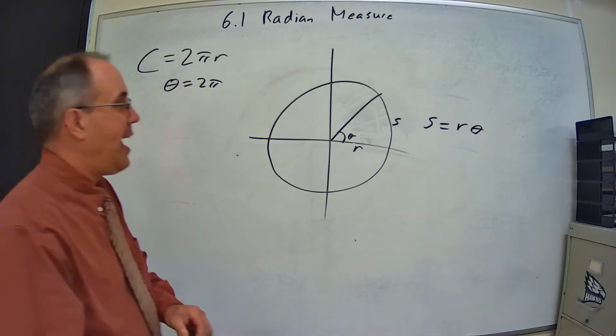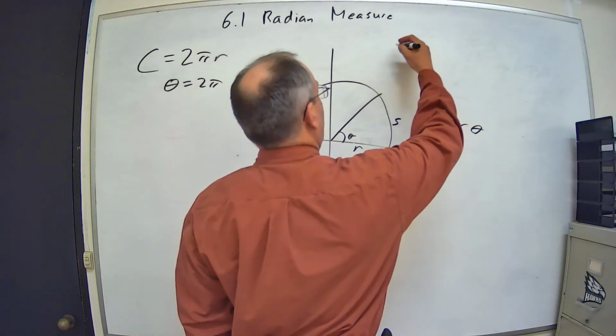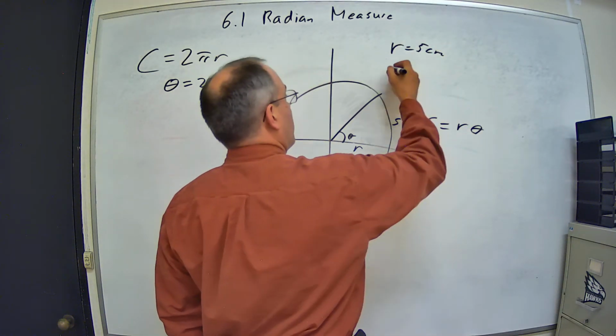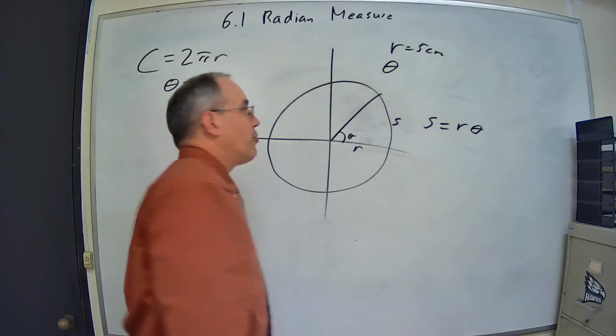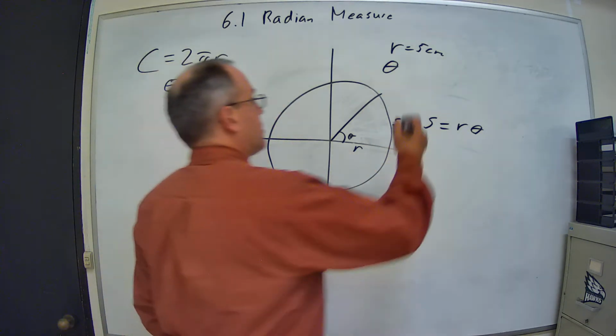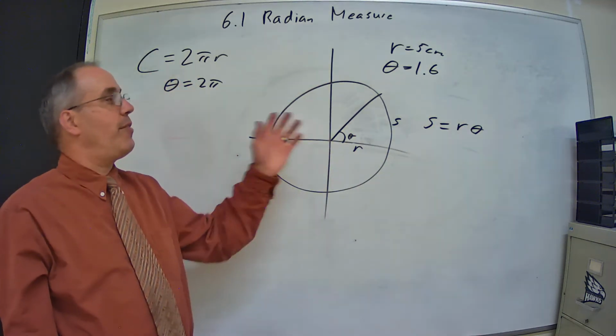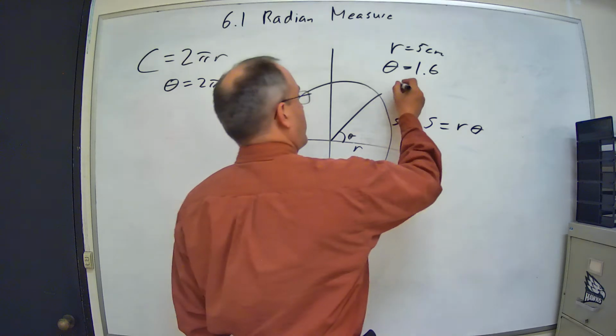So what if I have a circle with radius of 5 centimeters and we go 1.6 radians around that circle? What is the length of the arc?